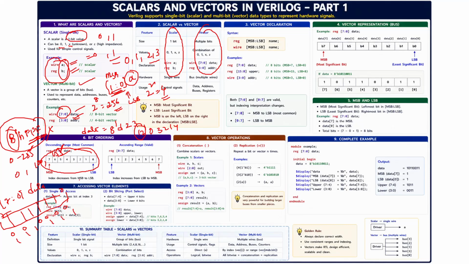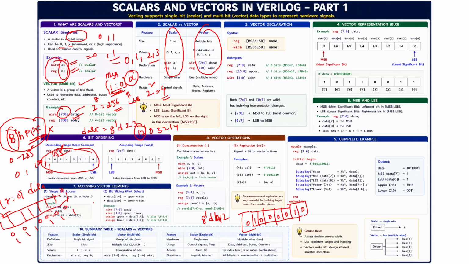For example, I'm representing 8'h42. 4 2 means these 4 bits and then another 4 bits. 4 means 0100, and 2 means 0010. In that way it can store the values.